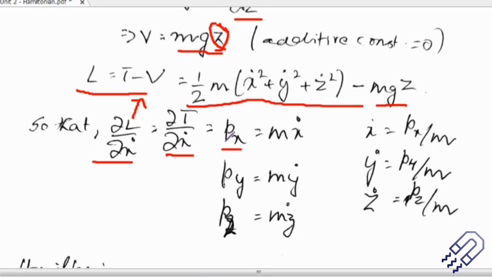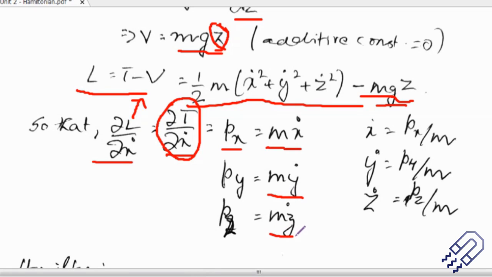You can just do the calculation, and don't get confused here. You simply do del L del x dot. You can do this because V doesn't have an x dot component. So it is simply m x dot, and similarly m y dot, and m z dot.